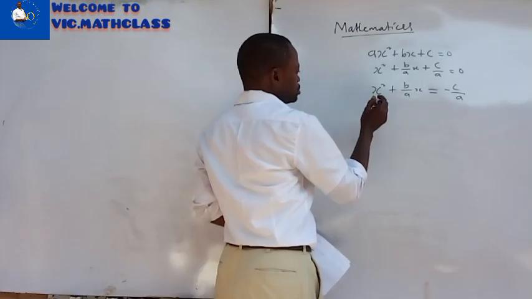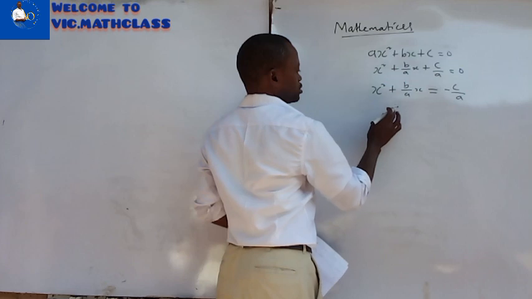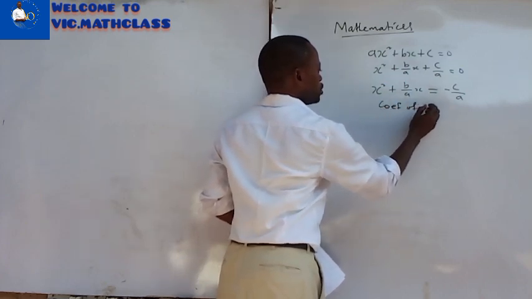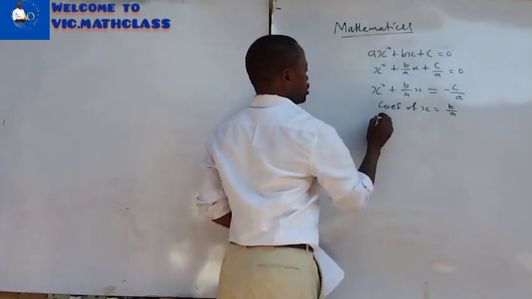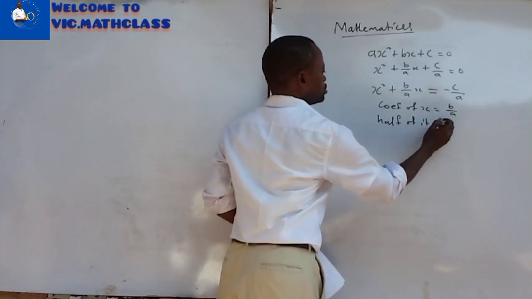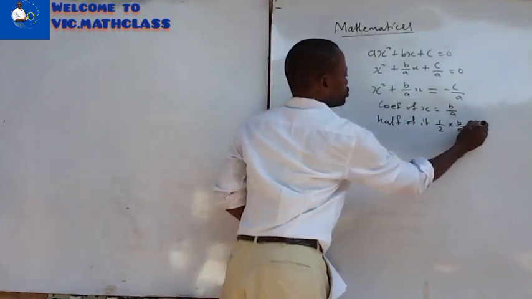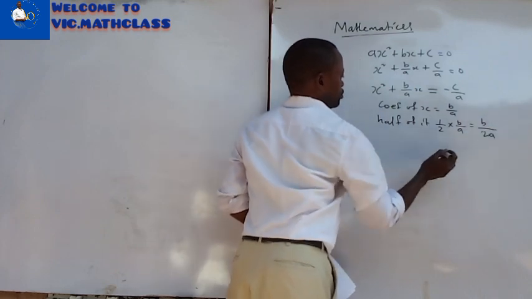The first step, as I said, is to take the coefficient of x. The coefficient of x here is b over a. Half of it is 1 over 2 times b over a, and that is going to give b over 2a.